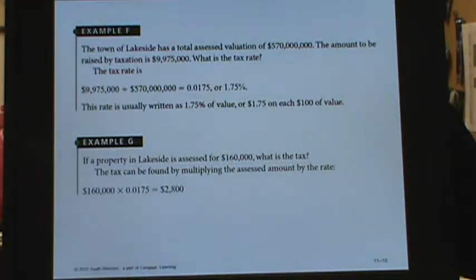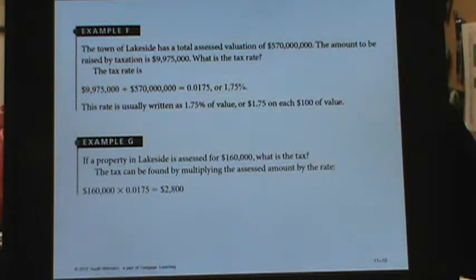So in example F, we have the town of Lakeside, which has a total assessed valuation of $570 million. The amount to be raised by taxes throughout the community is $9,975,000. So they had to figure out what rate to tax people at to get that amount of money.